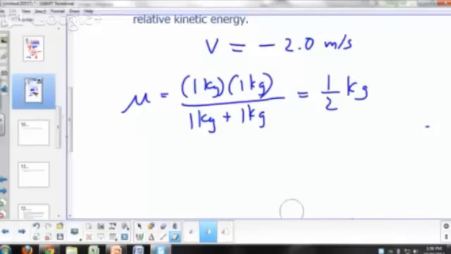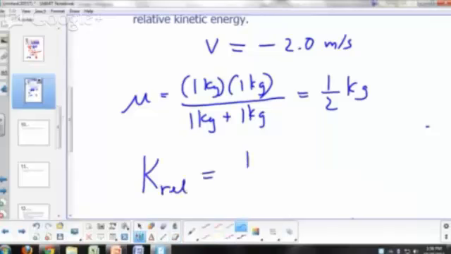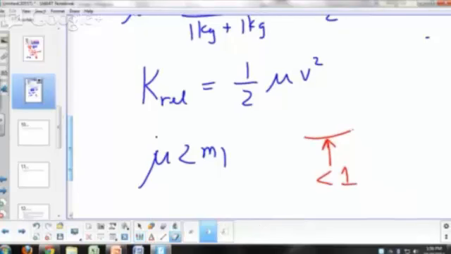Let's see. So what is our relative kinetic energy, or the internal kinetic energy? 1/2 mu v squared. And that is how much?